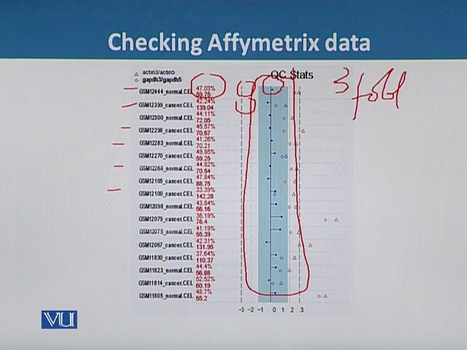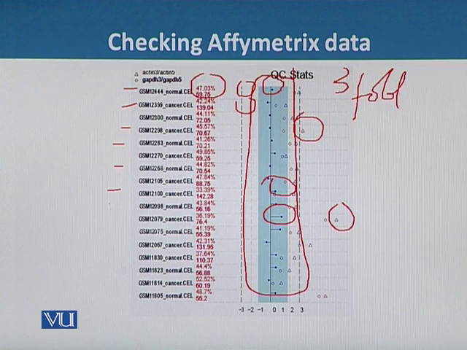The bars, we can see here small bars, that end with a point denote the scaling factor for the chip. And the triangles, small triangles, denote the beta actin 3' to 5' ratio.